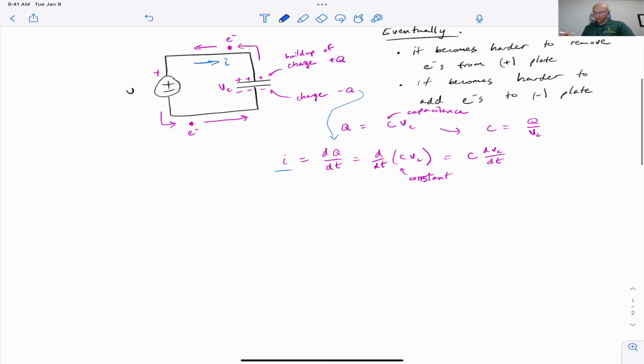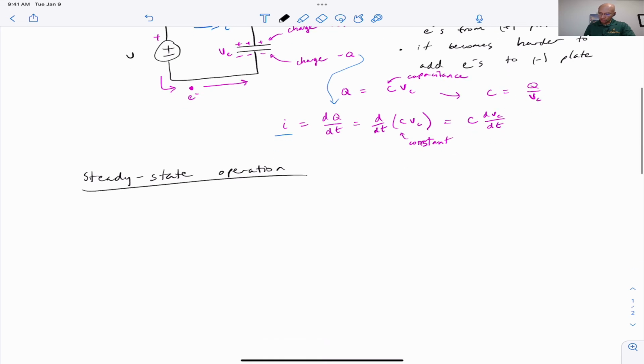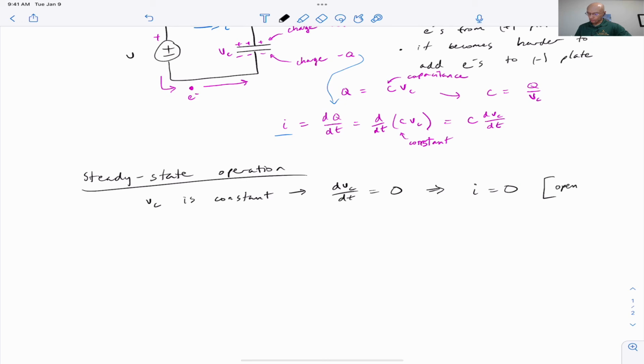One other thing I'll state about this is steady state operation. In steady state operation, the voltage across the capacitor is constant. So that derivative is 0, and that means then that the current flowing through the capacitor is 0. And that is very much like an open circuit.